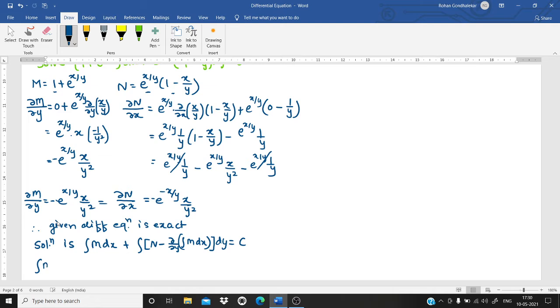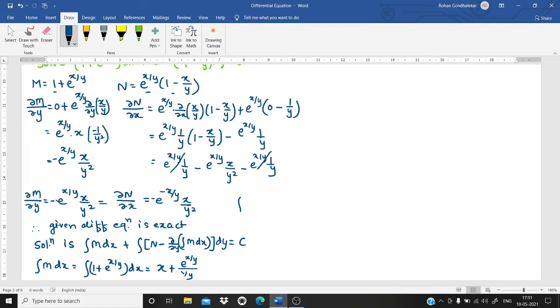Fine. So what is the integral of M dx? It is the integral of 1 + e^(x/y) with respect to x. The first term is 1, whose integral is x, plus the second term e^(x/y), whose integration is e^(x/y) divided by the derivative of x/y with respect to x, which is 1/y.